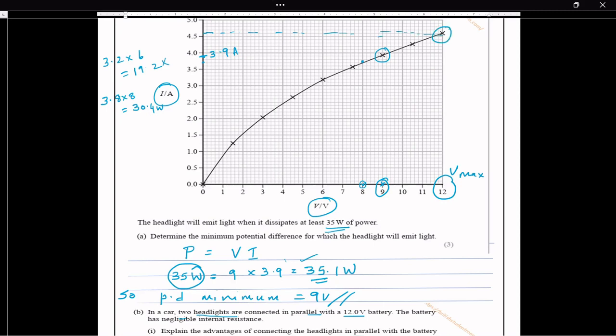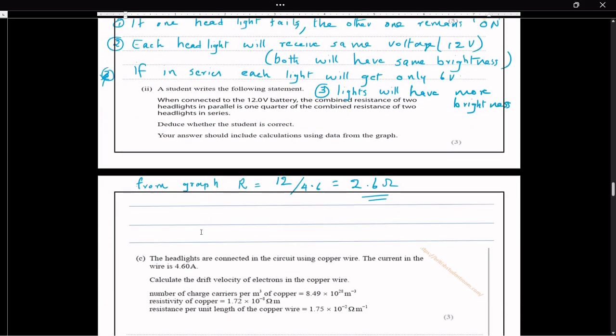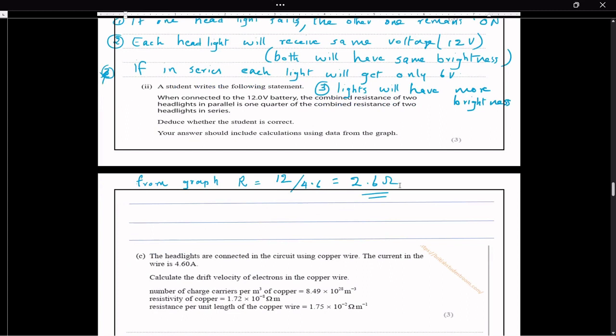So this is the Imax, the maximum circuit current, and the maximum voltage I used. So I calculated the resistance from here. Resistance R equals Vmax by Imax. This is the way I calculated and I got around 2.6 ohms. From graph, R is 2.6 ohms.